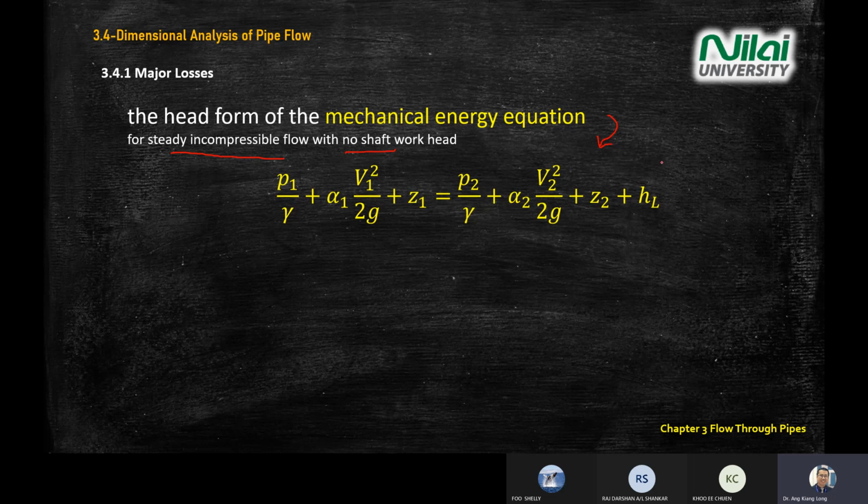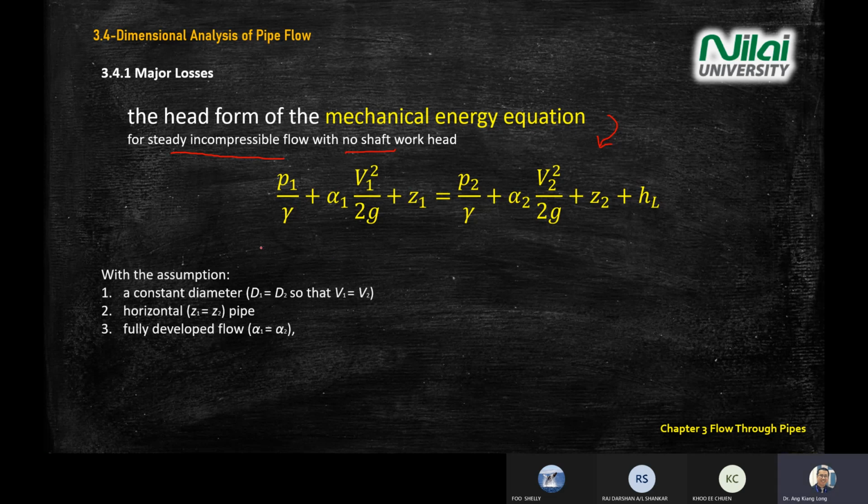So we're having this form of energy equation. Again, what we assume for this equation is constant diameter. D will be the same. So when your D is the same, meaning your pipe diameter is the same, and it is incompressible steady flow, meaning V1 will be the same as V2.